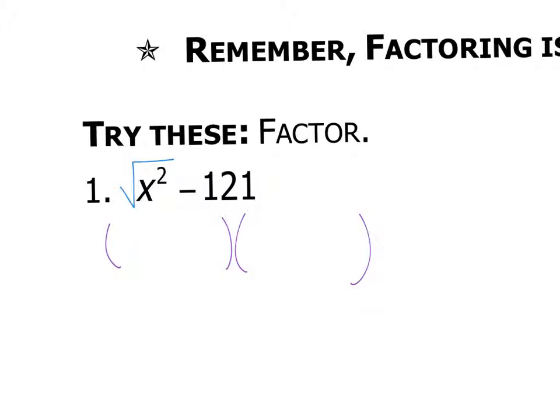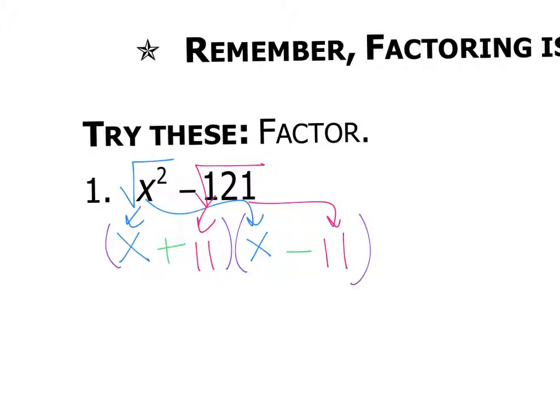Vanessa, what's the square root of x squared? x, so that goes in the first two spots. Then I take the square root of the second term. Nick, what's the square root of 121? 11. That goes in the second two spots. And then I put one plus and one minus. And those are the two factors. What questions do you have?